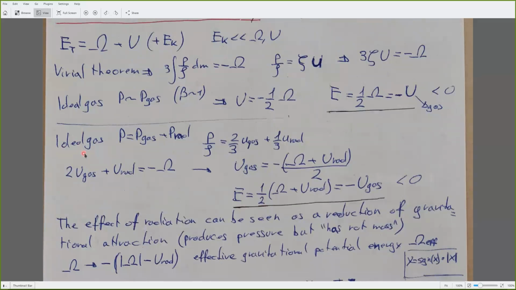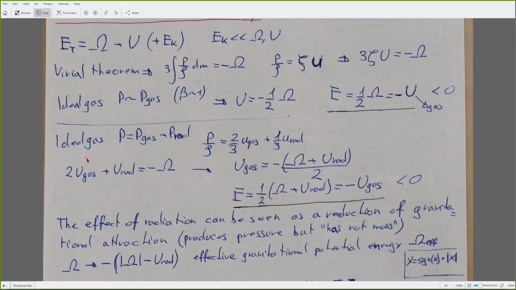If you consider the ideal gas, but with radiation, we cannot just throw it away. We have the relation between pressure and density: 2/3 of the internal energy of the gas and 1/3 of the internal energy per unit mass of the radiation.